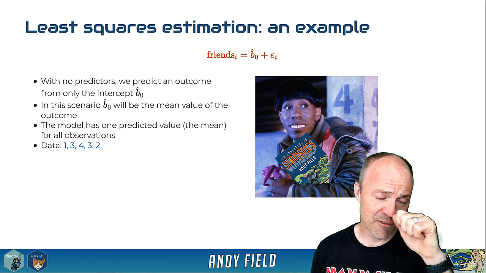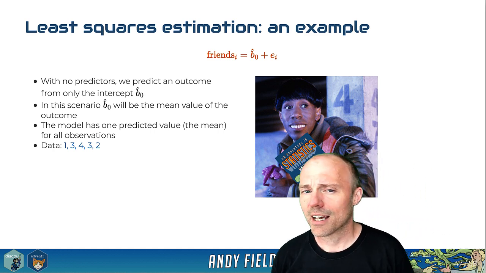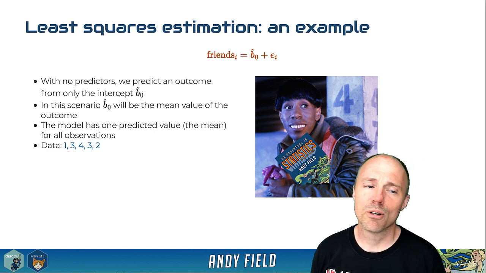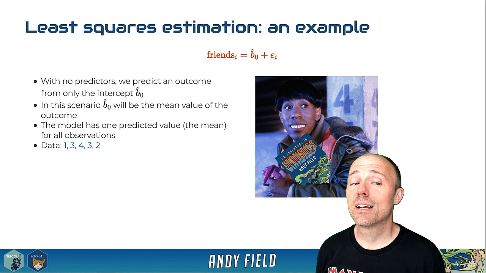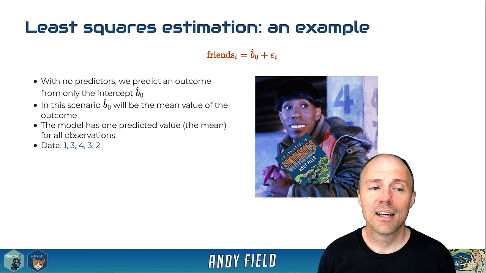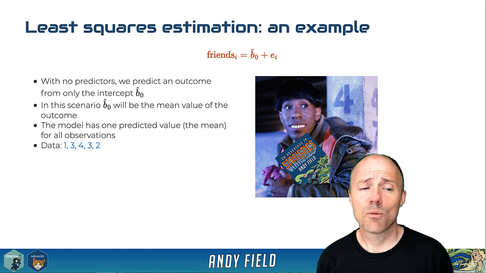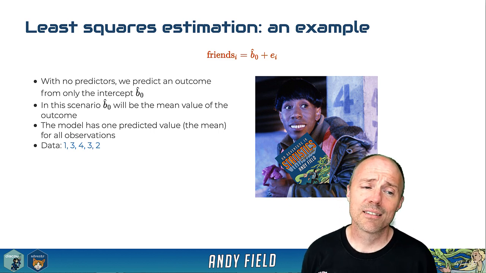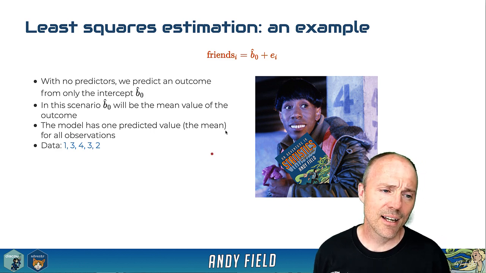So the example we're going to have is the number of friends that statistics lecturers have. So imagine we got a sample of 5 statistics lecturers, and we just measured how many friends they have. The first one had 1 friend, that was his hand. Second one had 3 friends, third one had 4 friends, next one had 3 friends, next one had 2 friends. So they're our data.